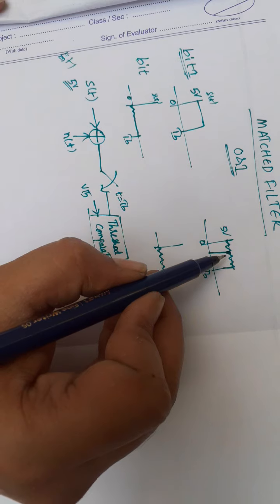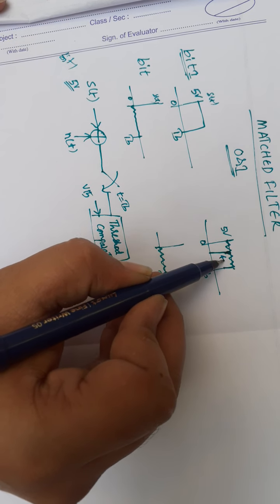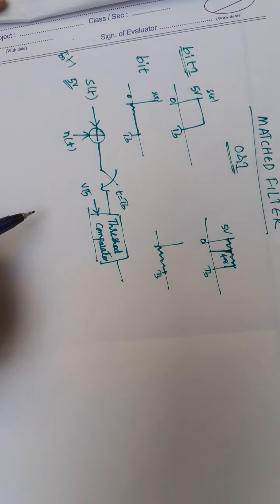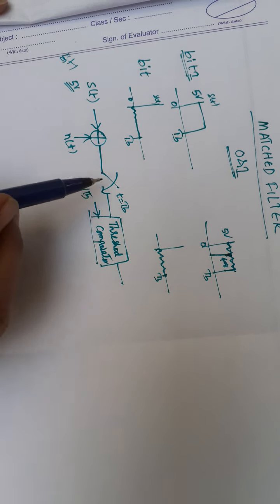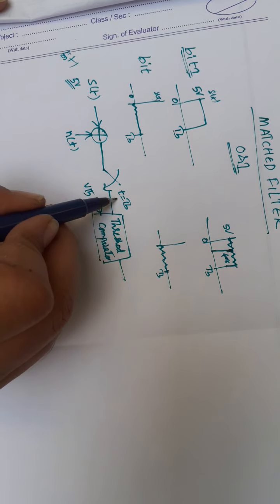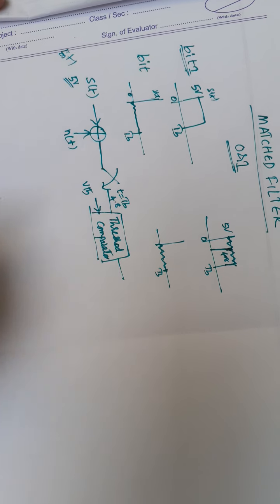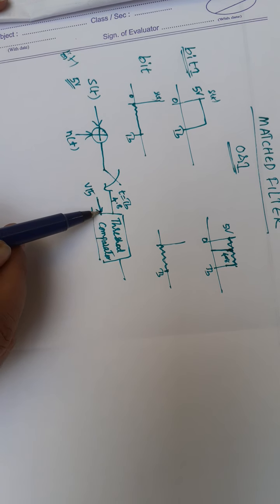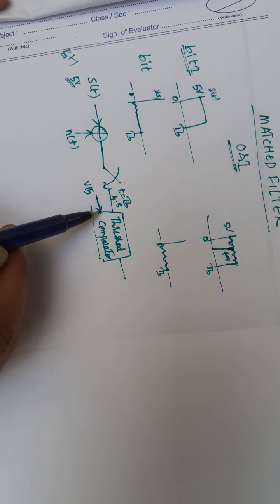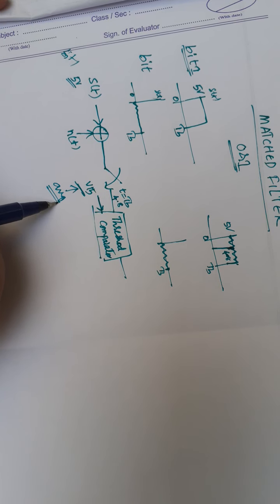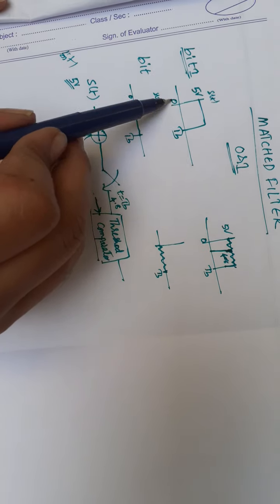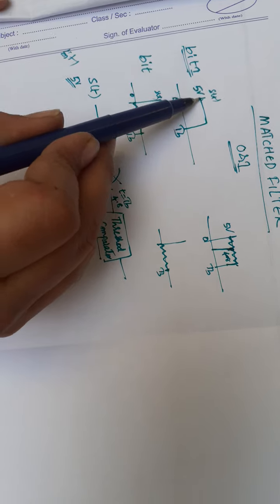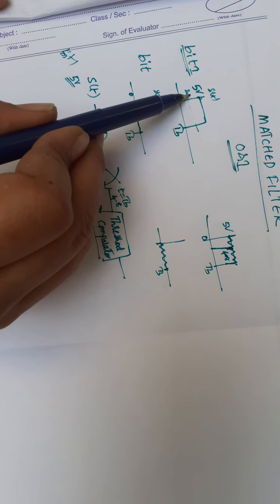After noise, we can assume the voltage at t equal to TB is 4.8 volts. This 4.8 volts is compared in the threshold comparator with the internal level of threshold voltage. The meaning of threshold voltage is the average voltage. Now, this is 0 to 5 volts. What is the average? Average is 2.5.